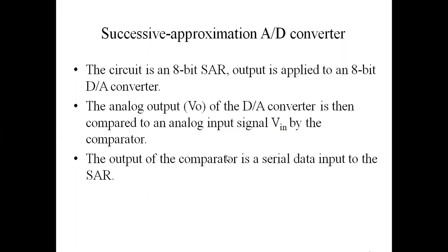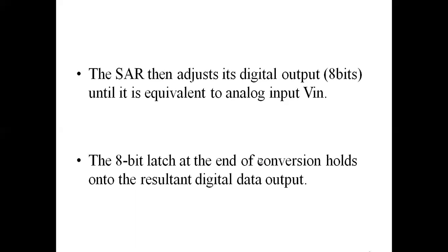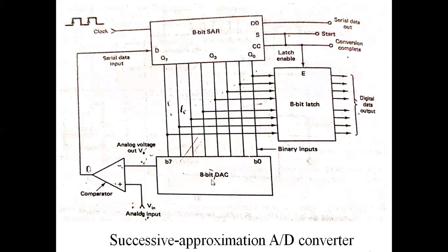The output of the comparator is a serial data input to the SAR. The SAR then adjusts its 8-bit digital output until it is equivalent to the analog input Vin. Then the 8-bit latch at the end of the conversion holds the resultant digital data output.